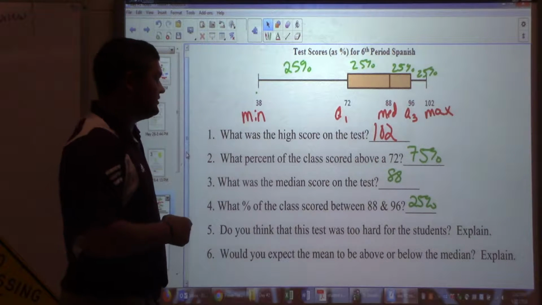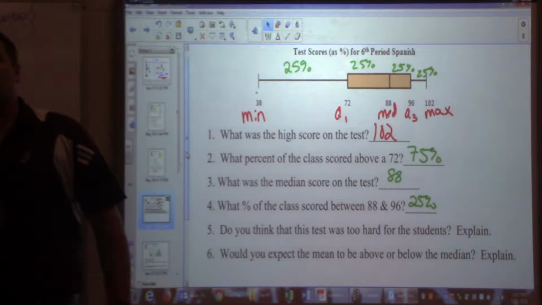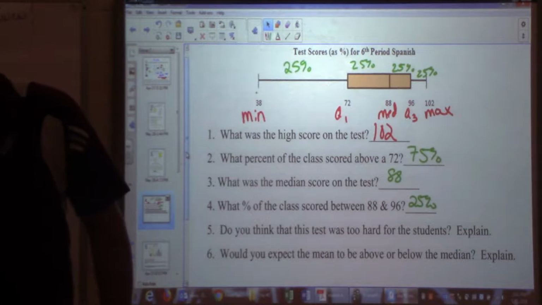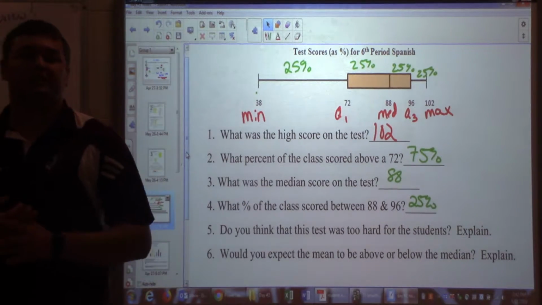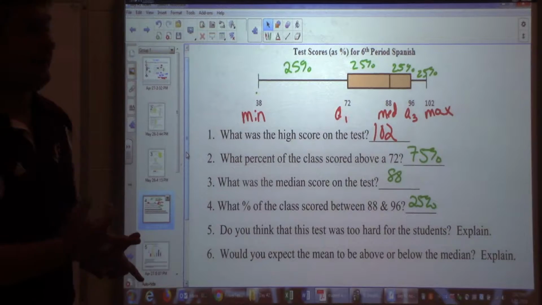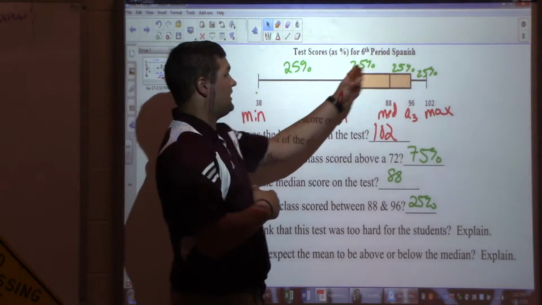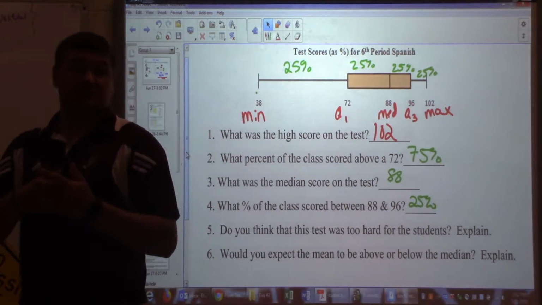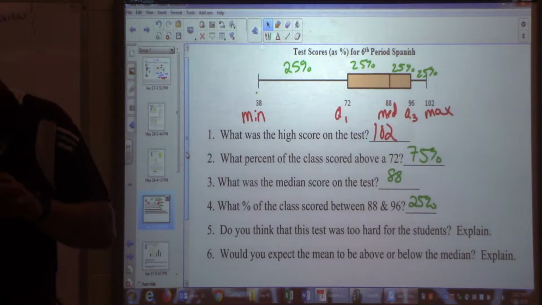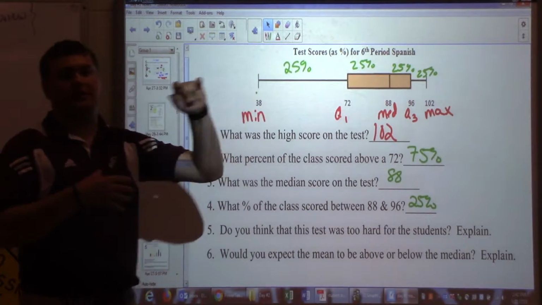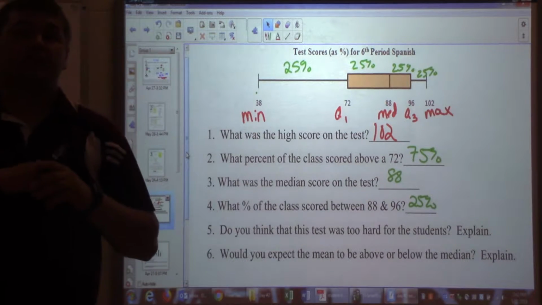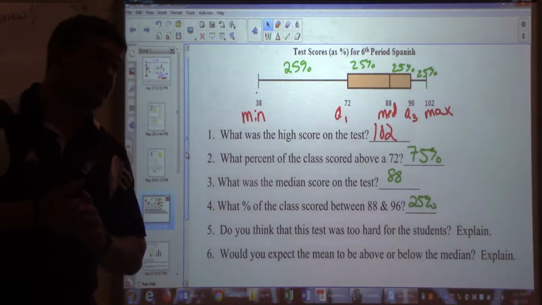If you put yes, it was too hard, because a quarter of the students got less than a C, that's a good answer. You can say no, it wasn't too hard, because 75% got above a C, or the middle score was a B+. Use the percentages that we know. Use that math to put a reason behind your answer.